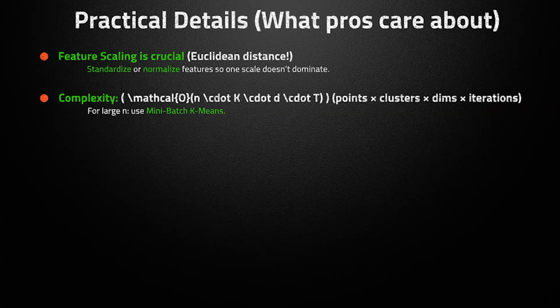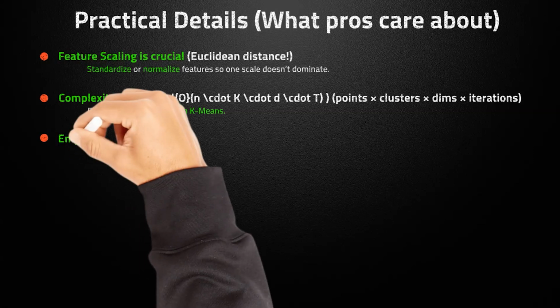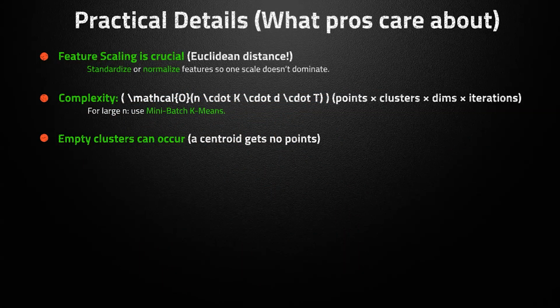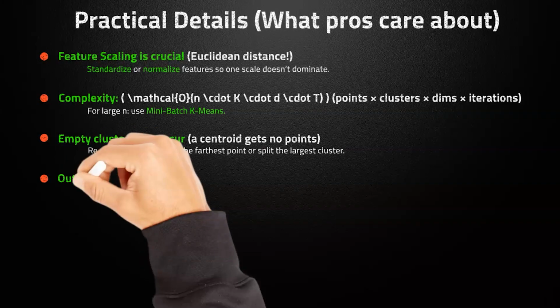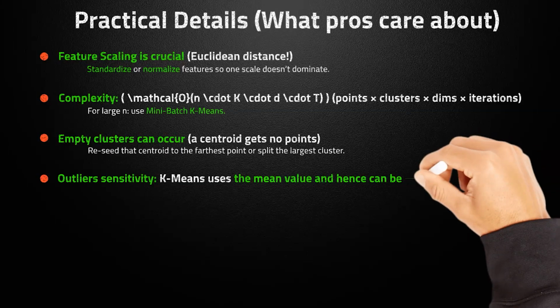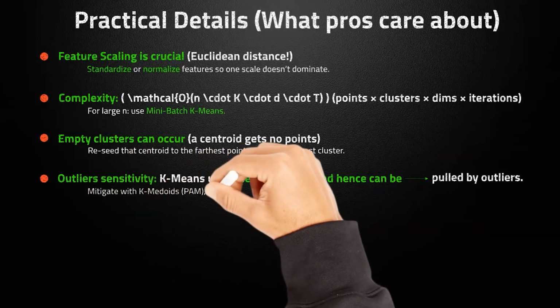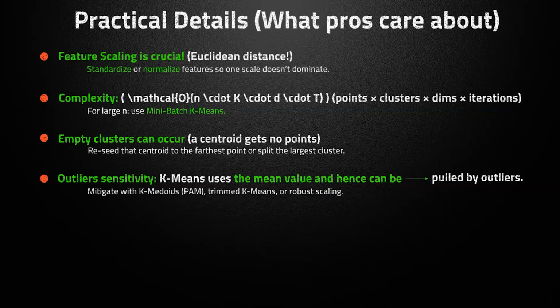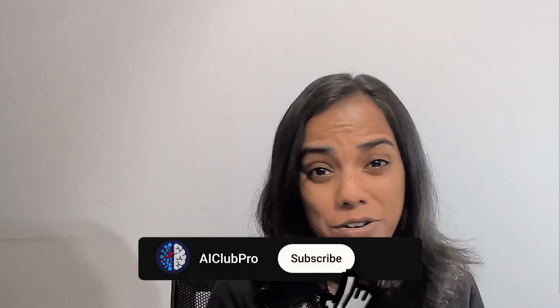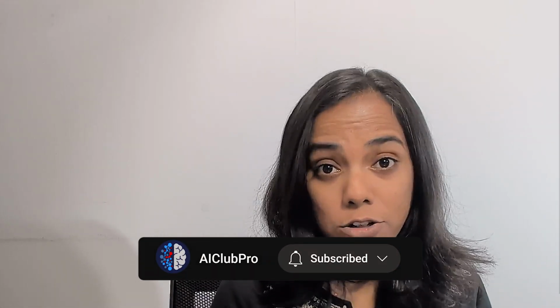If you have a situation where you get some empty clusters, then catch those and reseed the empty centroid to the farthest point or split the largest cluster. Also note that k-means is very sensitive to outliers because it essentially calculates the mean and it's pulled by the outliers. So you could use certain techniques like k-medoids or trimmed k-means so that you reduce the impact of outliers.